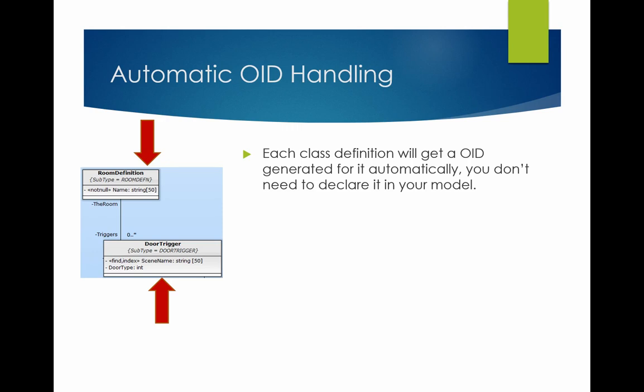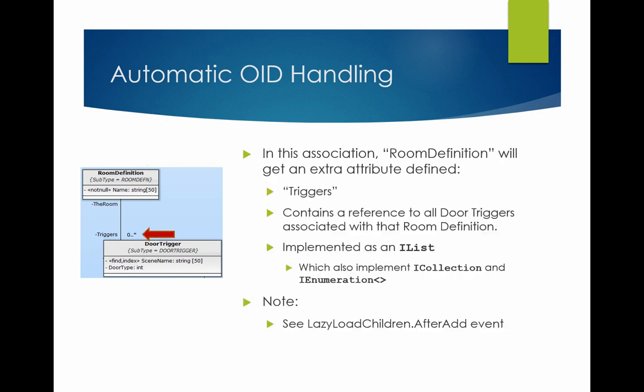Anyway, the classes in here, you simply identify the attributes, and the generator will automatically put in the OIDs for you. In the association that you have here, the system will automatically generate additional attributes.